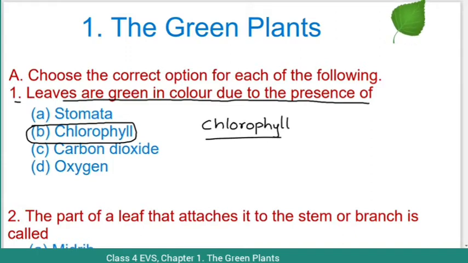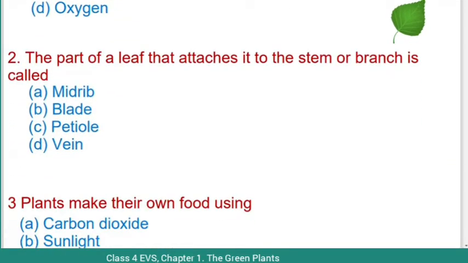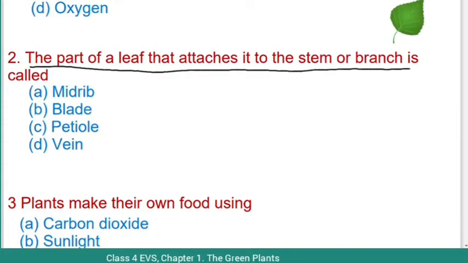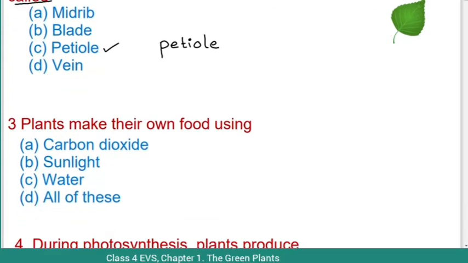Second question. The part of a leaf that attaches it to the stem or branch is called midrib, blade, petiole, vein. The correct option is petiole. The part of the leaf that attaches it to the stem or branch is called petiole.